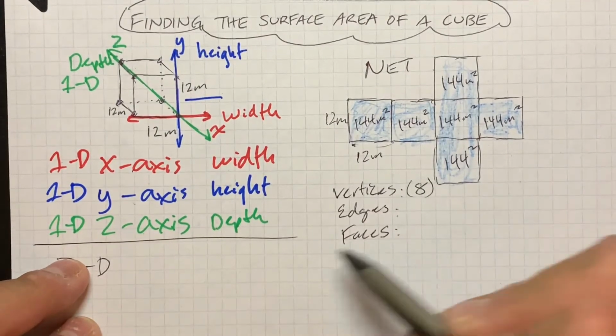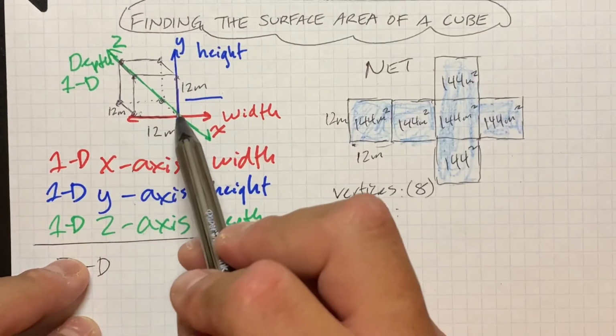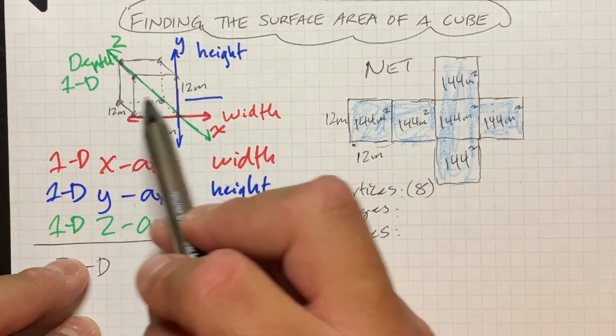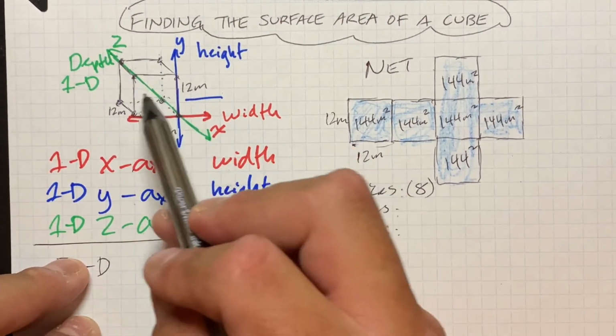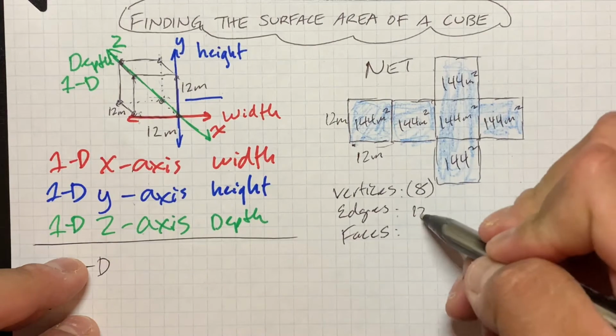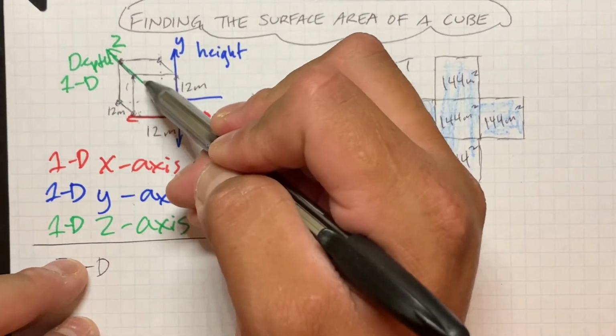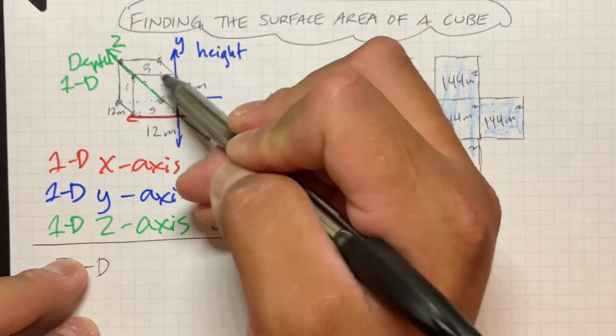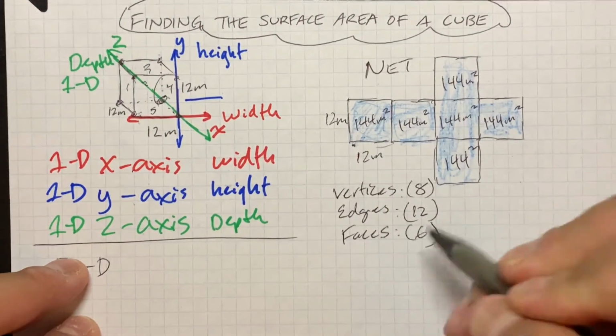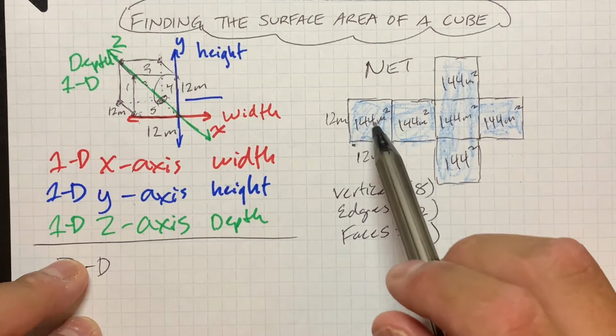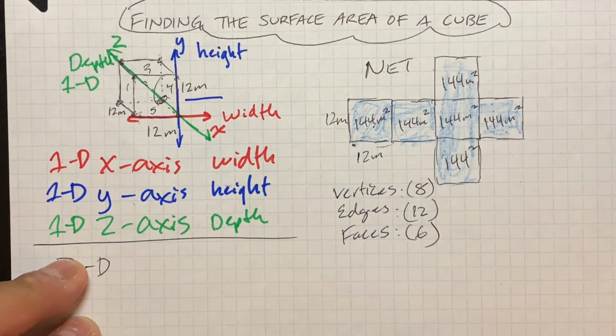We have 1, 2, 3, 4, 5, 6, 7, 8, 9, 10, 11, 12 edges. And of course you have 1, 2, 3, 4, 5, 6 faces. If we count here on this net, you have 1, 2, 3, 4, 5, 6 faces.